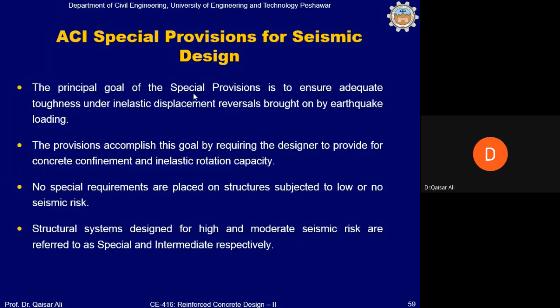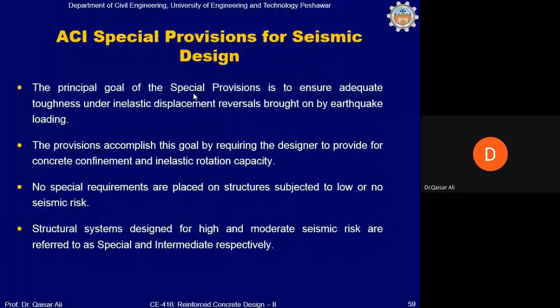This is one part, which is related to design. But then the code says that once you finish your design, you must look especially at the beam column connections, and all beam column connections must have these special seismic provisions in place.